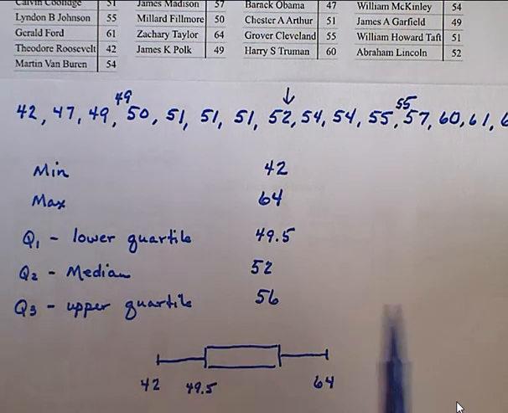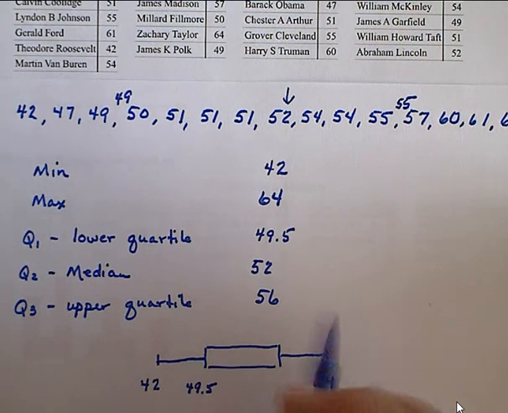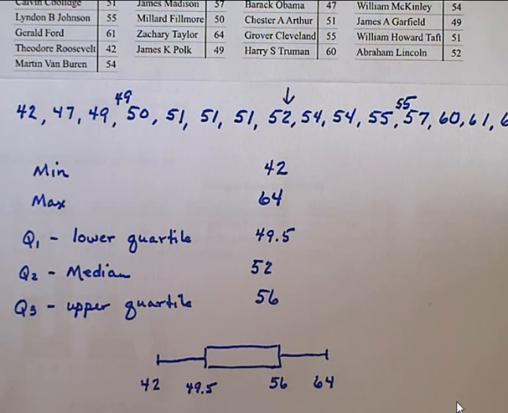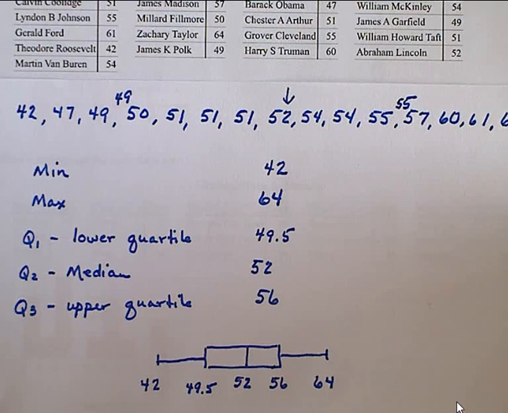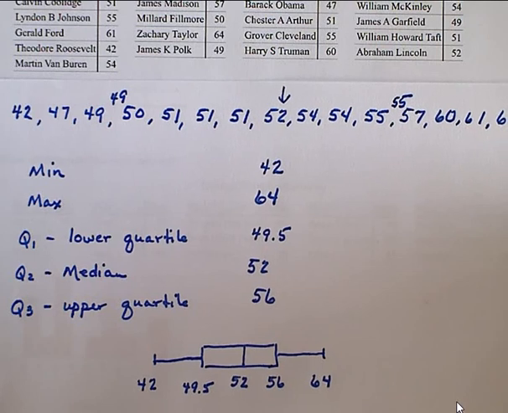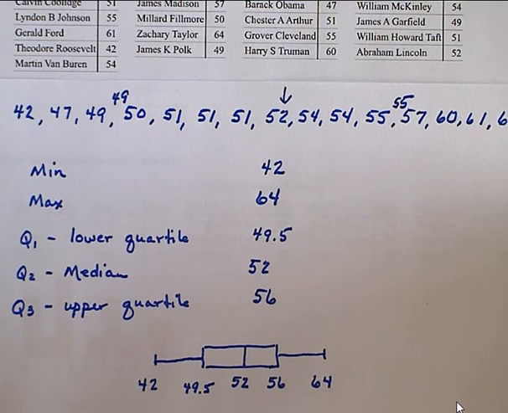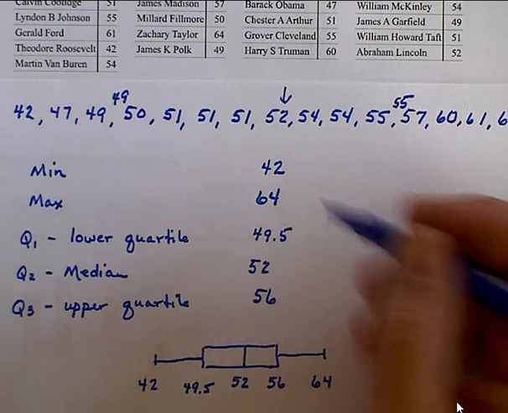The upper quartile is the top edge of the box, and your median, you draw a line right about in the middle. There's your middle quartile. Now you could space this out and do this much more uniformly, but again, all I want you to do is find this, called the 5-number summary.